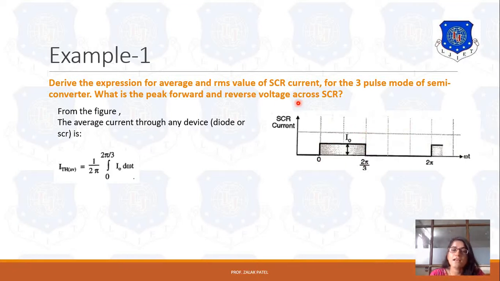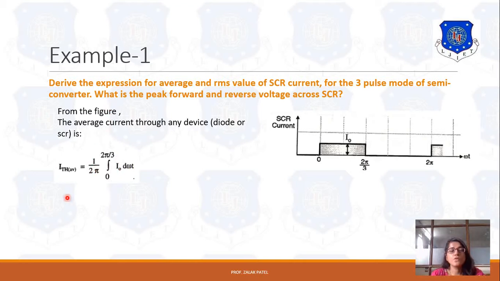If asked to write the conclusion about which diode or SCR is conducting, you have to write that SCR1 and diode 2, or maybe SCR1 with diode 3, will operate, but not SCR1 with diode 1, because the phase difference of 120 degrees is introduced. That's why we have 1 upon 2 pi, integration 0 to 2 pi by 3, I0 d omega t.